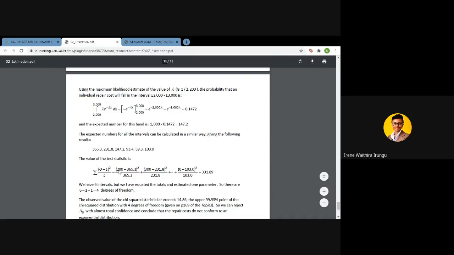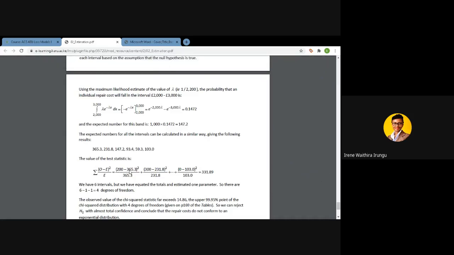You'll be taking the observed in each category, subtracting from it the expected, squaring that, and then dividing it by the expected. You do it for the first, you do it for the second, up to the last category, then you sum that quantity.